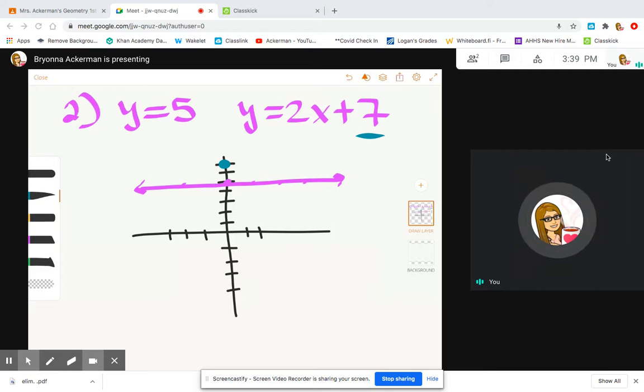So I can go up 2 and to the right 1, and then keep putting points there. Because I'm out of room, I also can go -2, -1, because a negative divided by a negative is a positive. So I can actually go down 2 and to the left 1, and that also is a point. And then I can go down 2 more if I want, and then to the left 1 more, and that's another point.